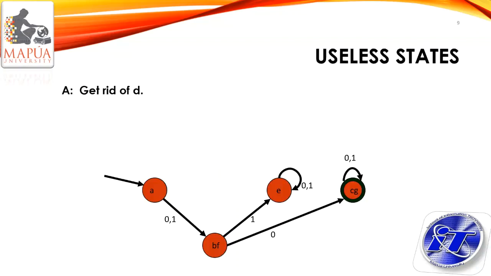So let's remove it. Now we have this. Okay, so the trap state and unreachable state need to be removed and then we combine states with the same behavior. And then we have the simplified or the minimum DFA.